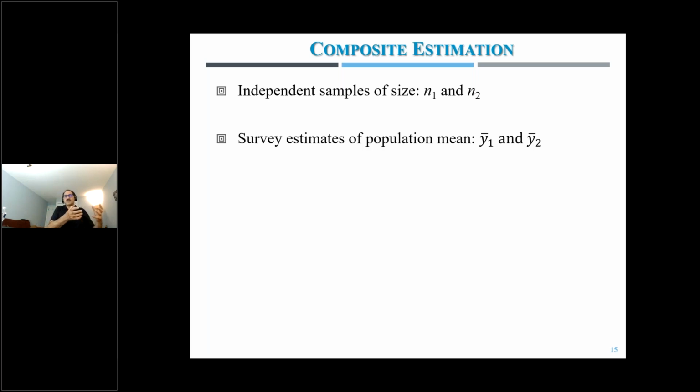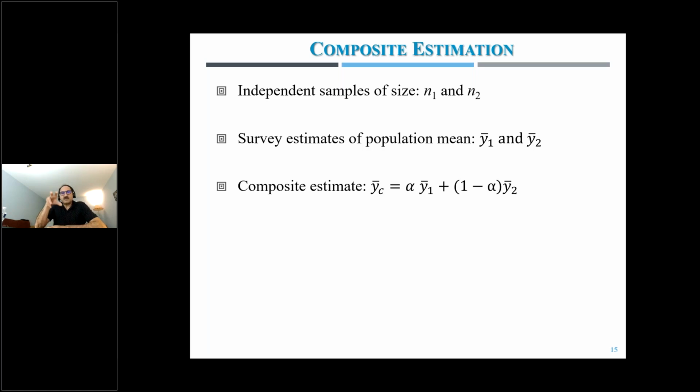Instead of reporting based on these individual surveys, in other words, using either Y bar 1 or Y bar 2, mathematically we can show that you can do better by combining these two estimates in a linear fashion and produce the so-called composite estimate.